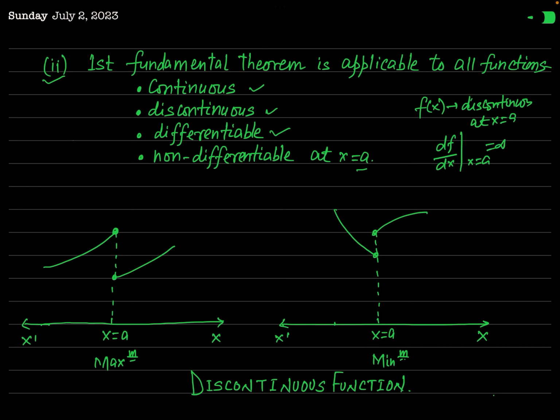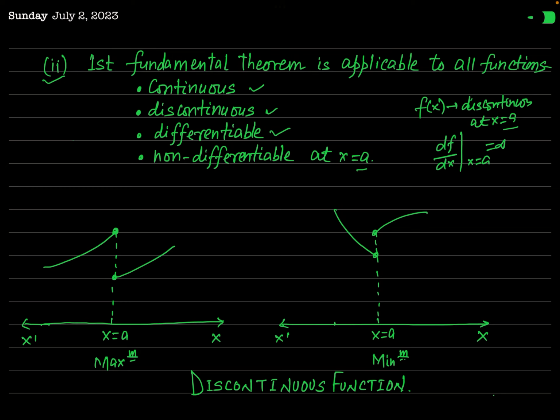This is a very important fact of mathematics: the derivative or slope of a function f which is discontinuous at point a is undefined. It means at the point of discontinuity you can't find the derivative of a function.